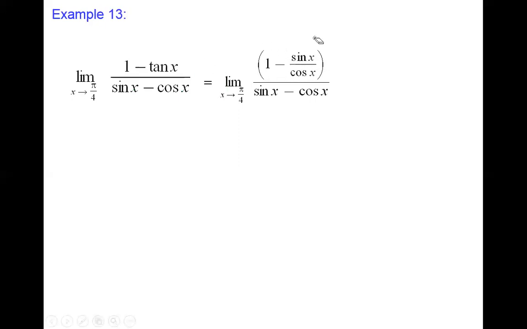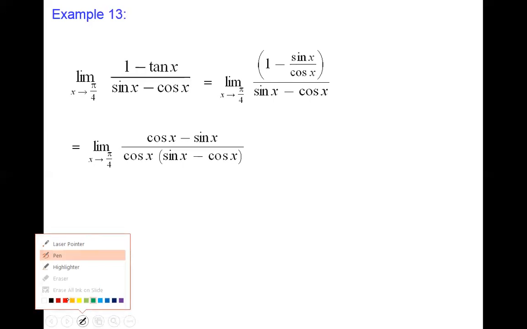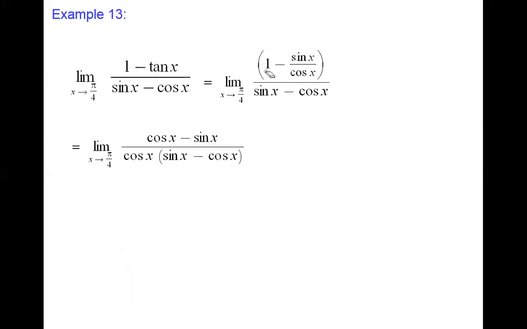Okay, we can see. Now I can get a common denominator. Oh, actually, I kind of jumped. Or the other way is, I can do for you the common denominator. I can rewrite actually 1 as cosine of x over cosine of x minus sine of x over cosine of x. Yeah, this is just this.